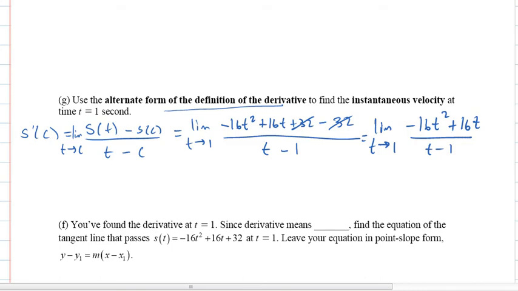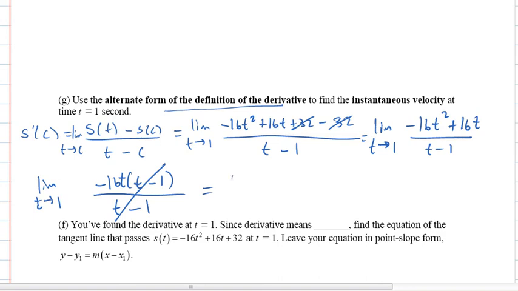Now the top part can factor. I can factor out a negative 16, which will give me a t minus 1 on the top. Well, I can actually factor out a negative 16t, so that's my fault. Negative 16t can be factored out. So now I have negative 16t times t minus 1 over t minus 1.